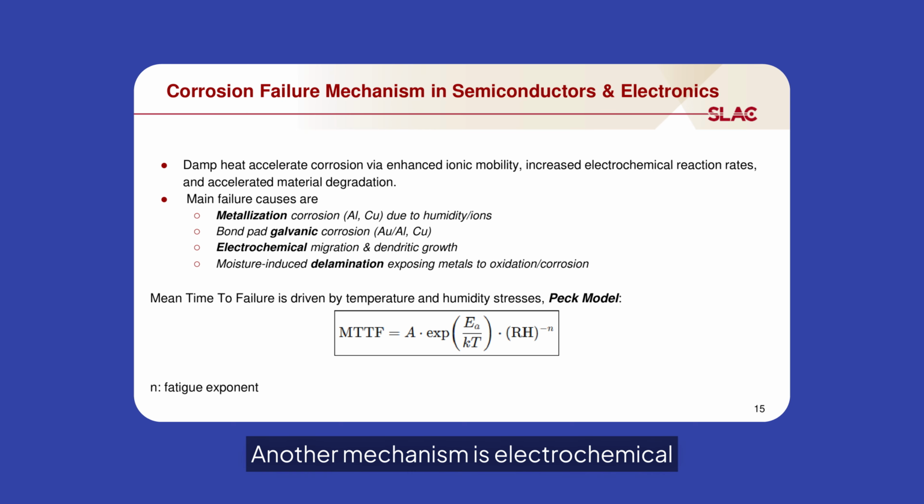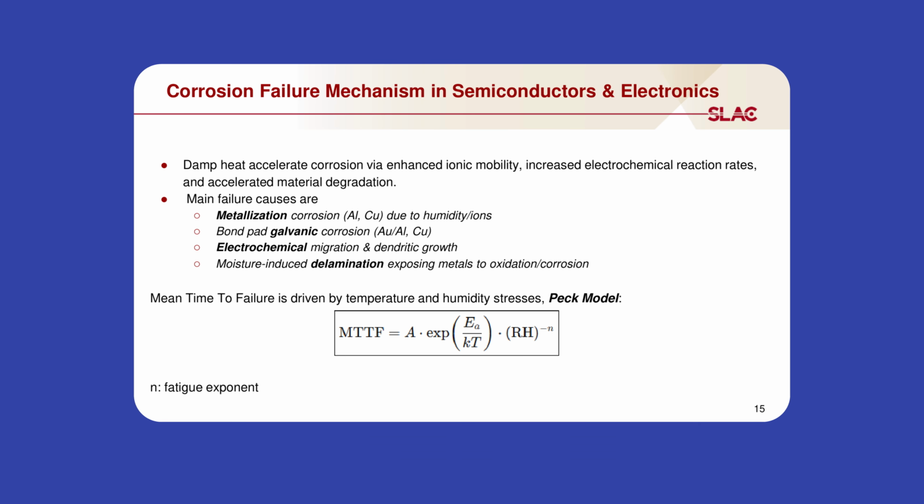Another mechanism is electrochemical migration, where metal ions dissolve and migrate under an electric field in the presence of moisture. On PCBs and solder joints, corrosion can induce material swelling and deformation.